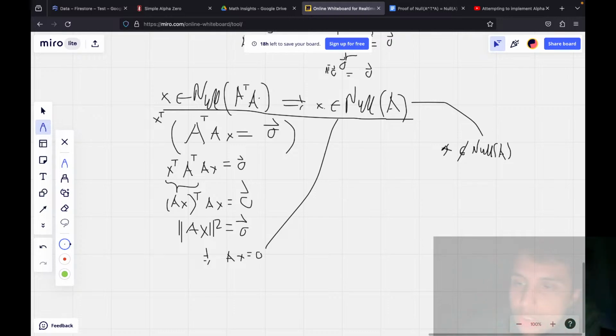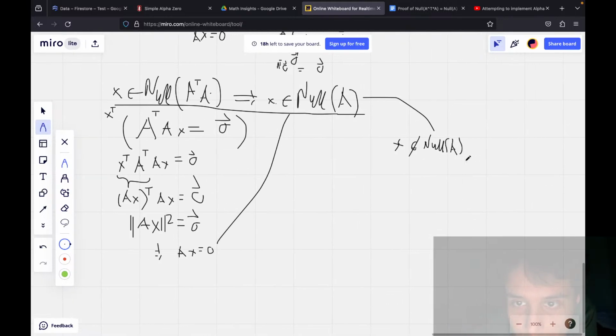Okay, let's just say that x is not in null of A, right? So x is not in null of A, what does that mean? That means Ax is not equal to 0. That's what it means.